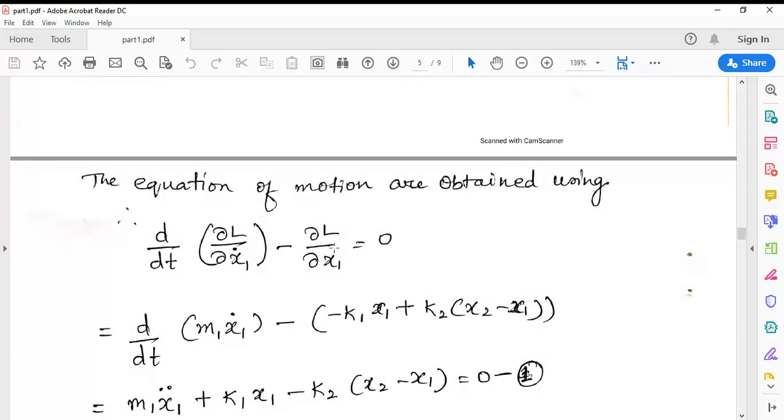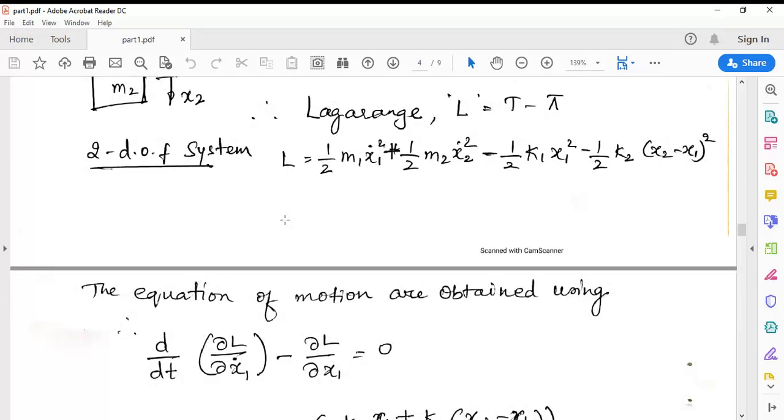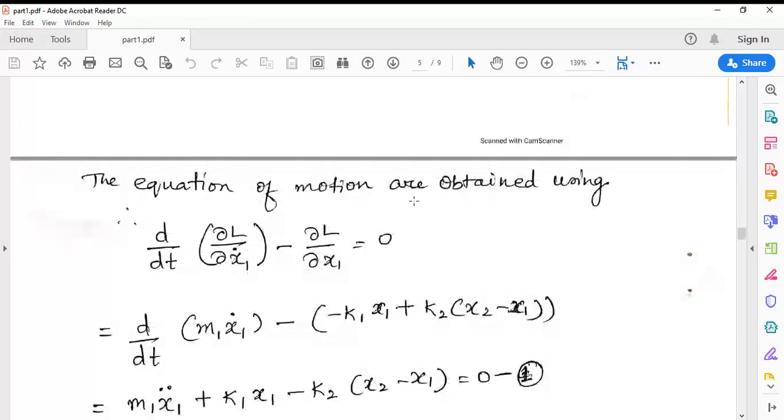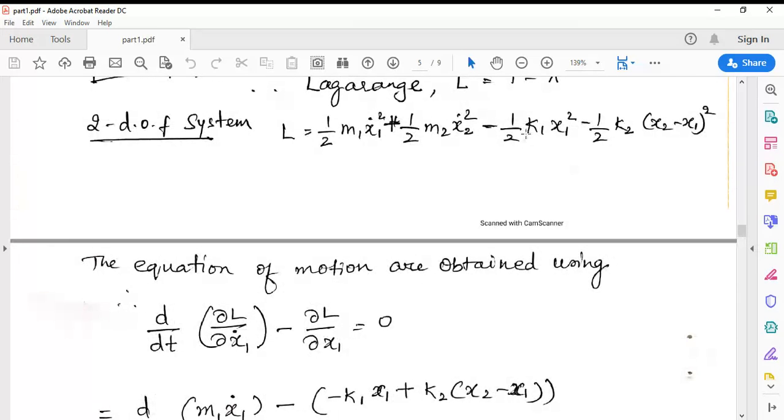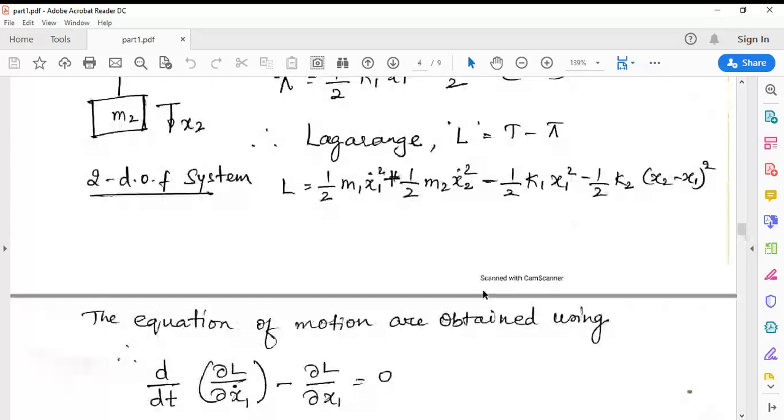Then del L by del x1: this is a partial derivative, mind you, not a full derivative, so the x2 term becomes 0. Here it is k1 x1, then k2 into x2 minus x1.